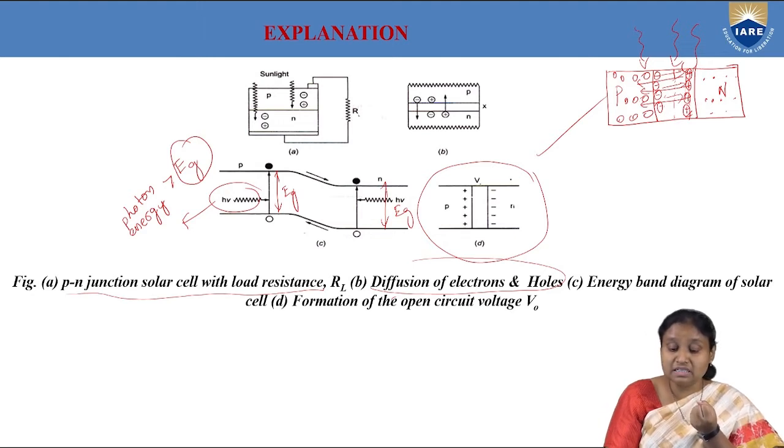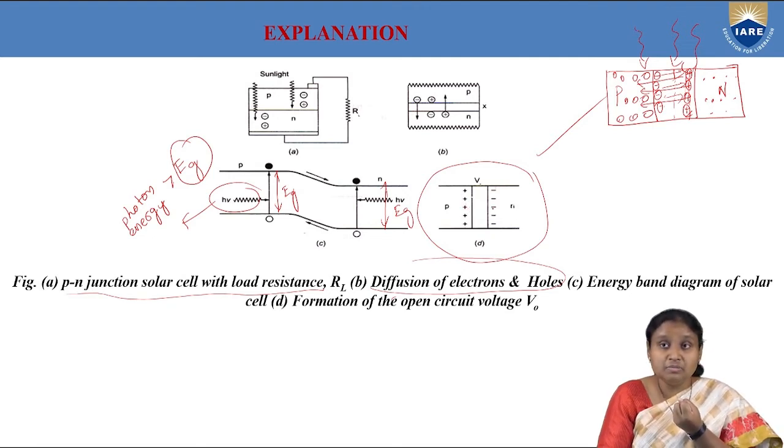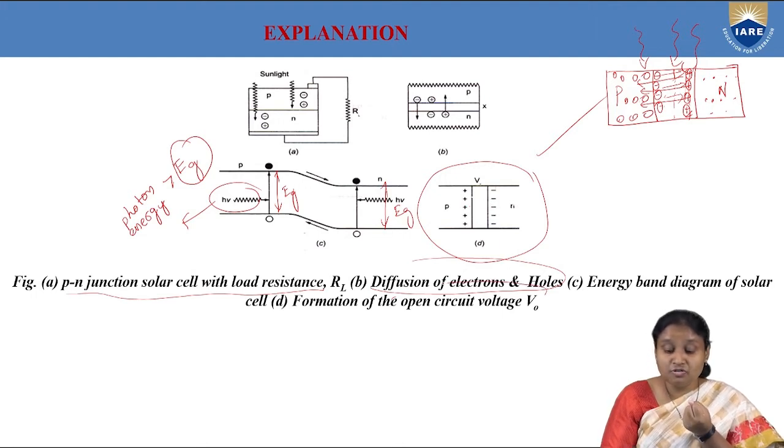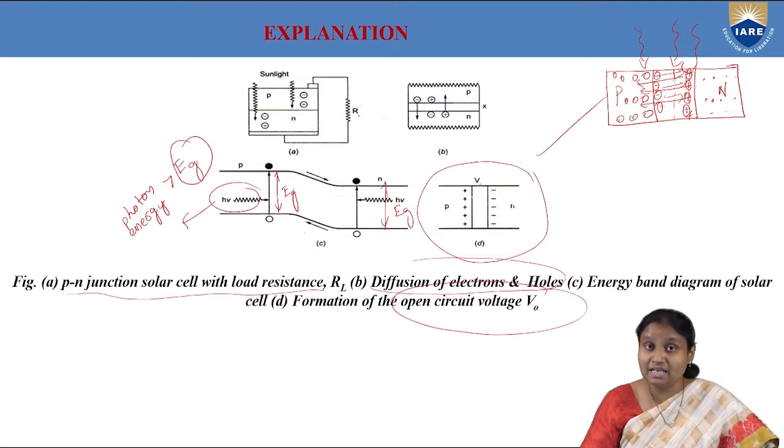There is collection of electrons on the n side of the p-n junction, and all those positive charges get accumulated on the p side. At equilibrium, there is a formation of voltage. So there is formation of open circuit voltage V0, which is going to generate current in the solar cell.